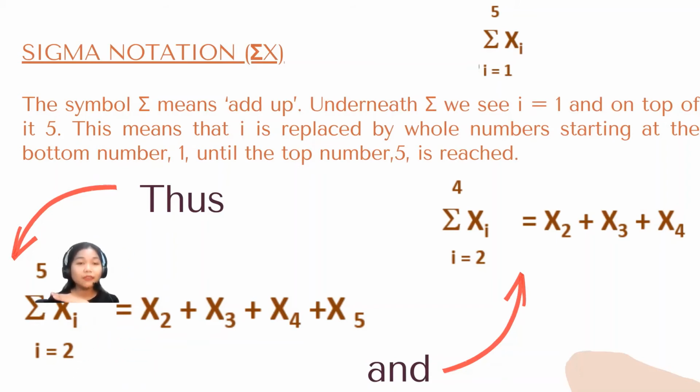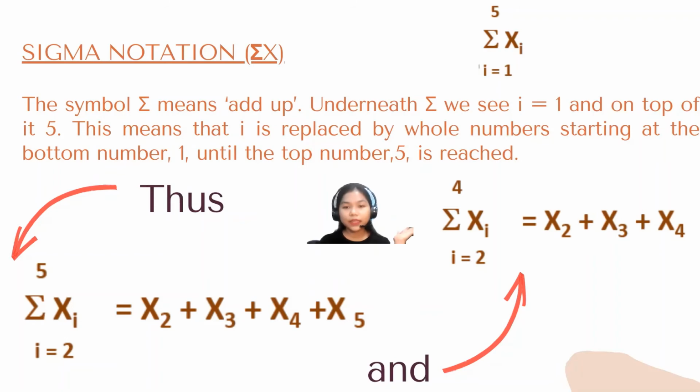There's no need for us to include the first value, x1, because the notation is telling us that you just need to add up the values found on the second value, the third value, the fourth value, and the fifth value.